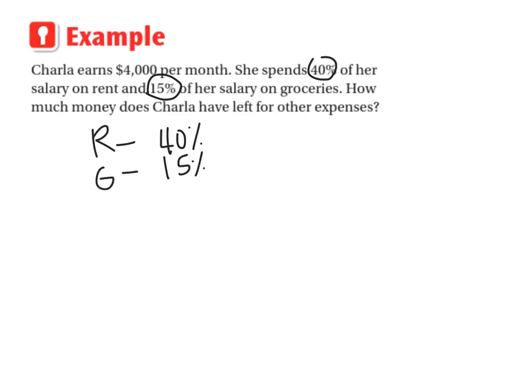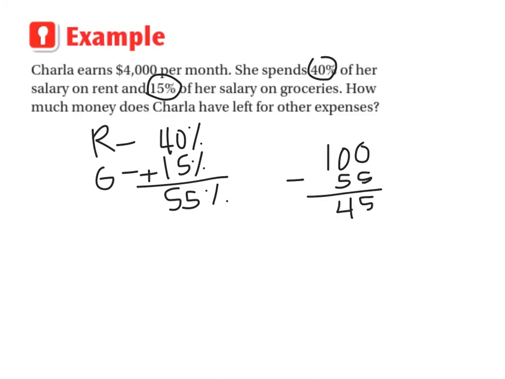I'm going to add those two together to see what percentage she's already used. Okay, 55%. So 55% of her check goes to rent and groceries. And the rest of her check is what's left over. So if I take 100% and subtract 55%, it leaves me with 45%.